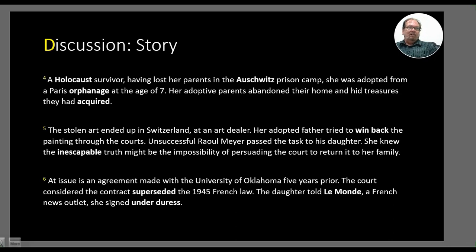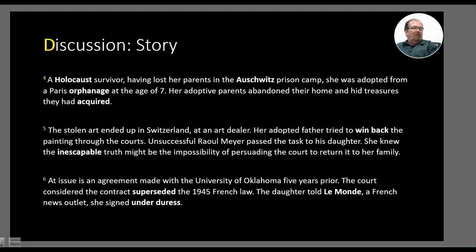Her adopted father tried to win back the painting through the courts. Unsuccessful, Raoul Mayer passed the task to his daughter. She knew the inescapable truth might be the impossibility of persuading the court to return it to her family.